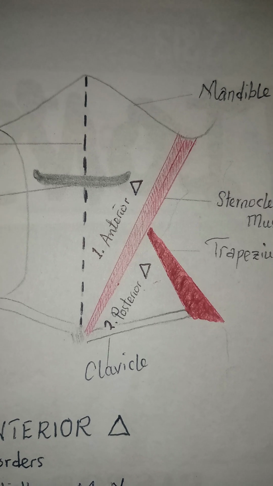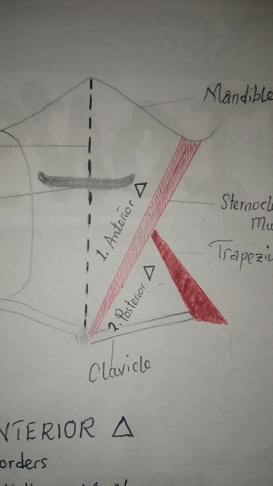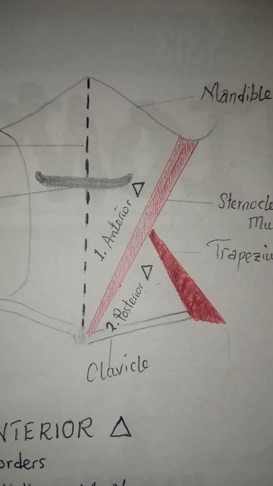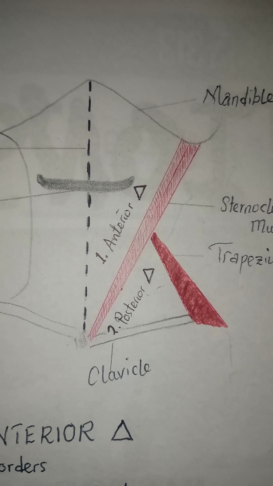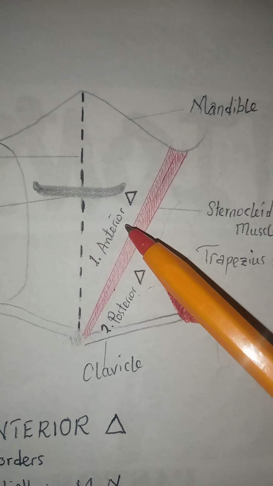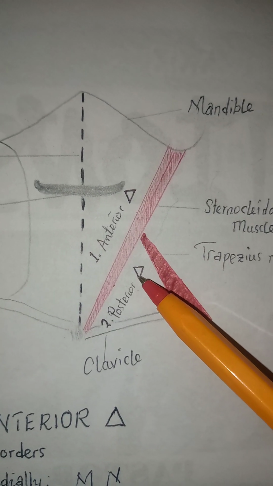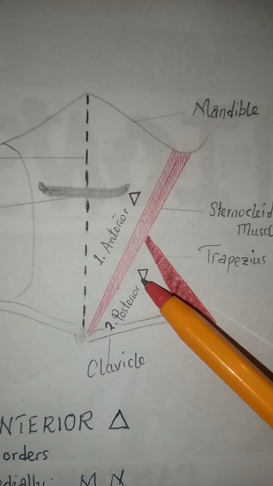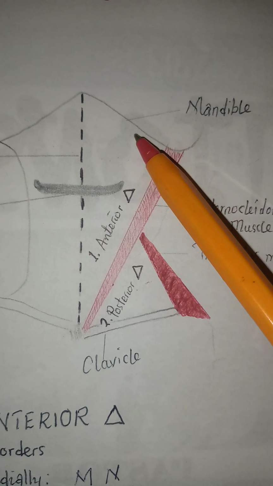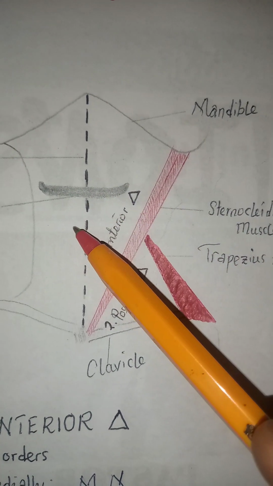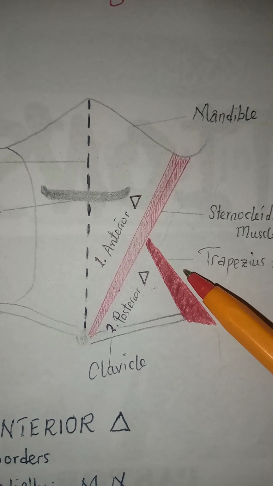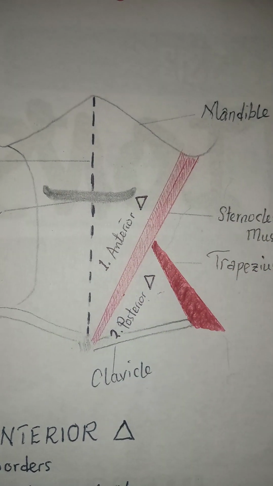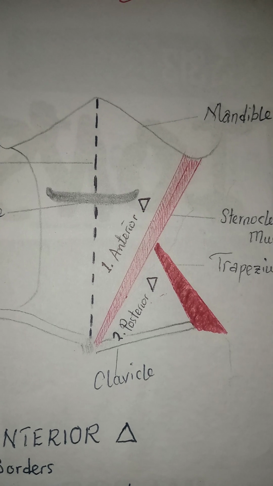First you should tell the marker that the triangles of the neck are basically divided into two main triangles, the anterior and the posterior. Before you go to subdivisions, you establish the borders of the anterior triangle if you are starting with it. If it's the posterior, you establish the borders of the posterior, and then you go into details if there is any division.